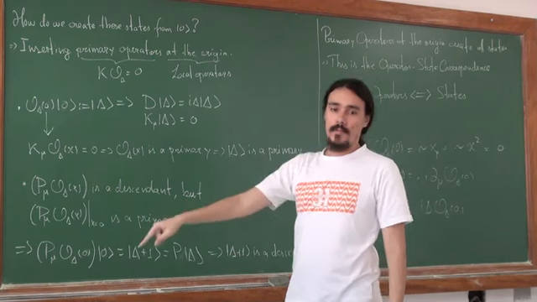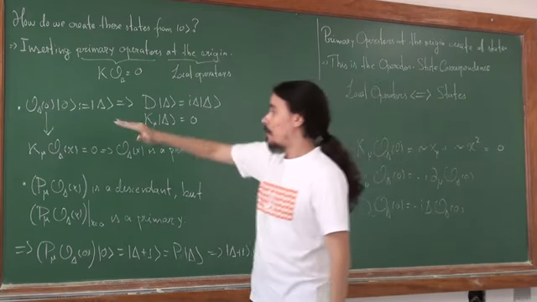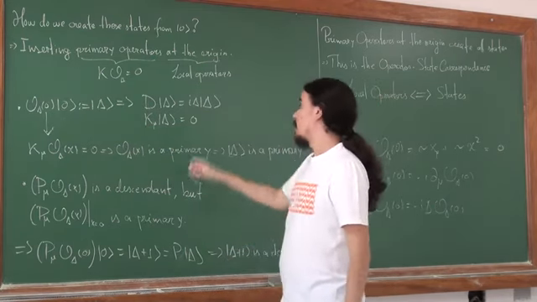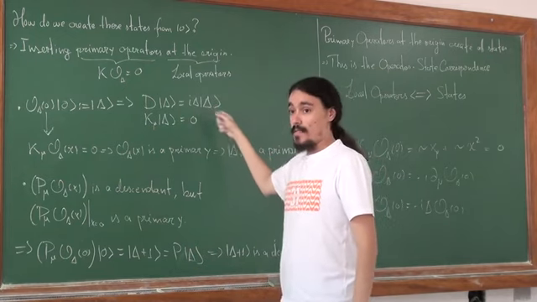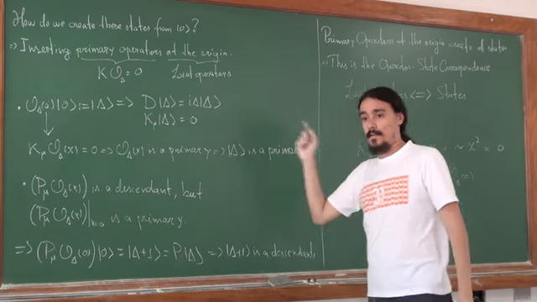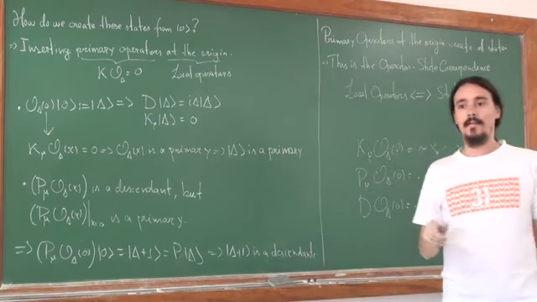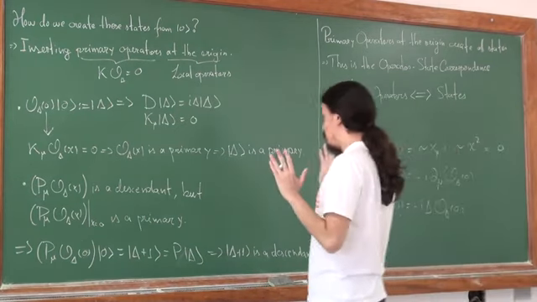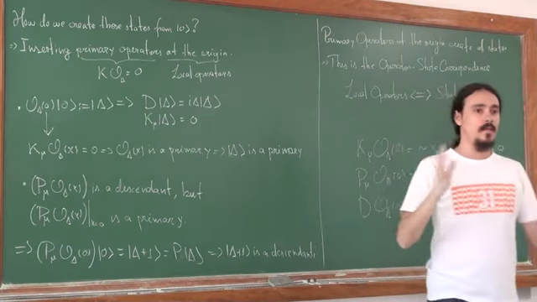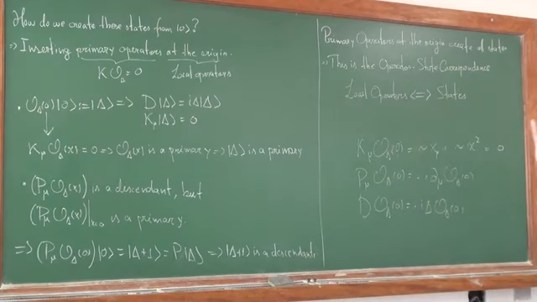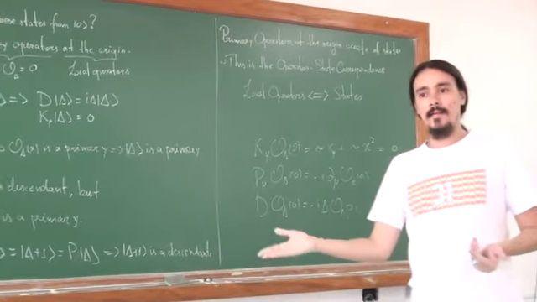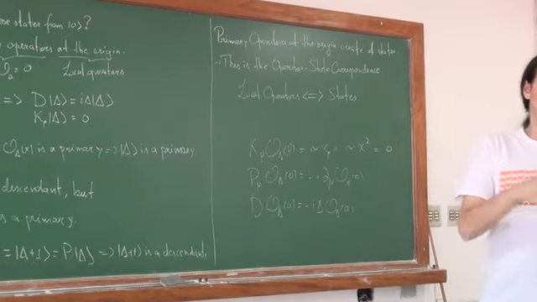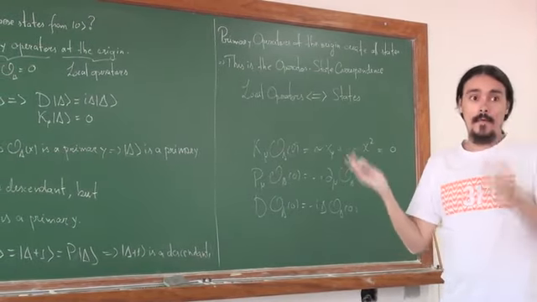But when you restrict to the origin, you create eigenstates, by playing the same game. But these eigenstates are descendant states, not primary states, okay? So you should be careful when saying primaries and descendants. You have to have really clear in your mind if you're referring to primary or descendant states as opposed to primary or descendant operators. Okay?